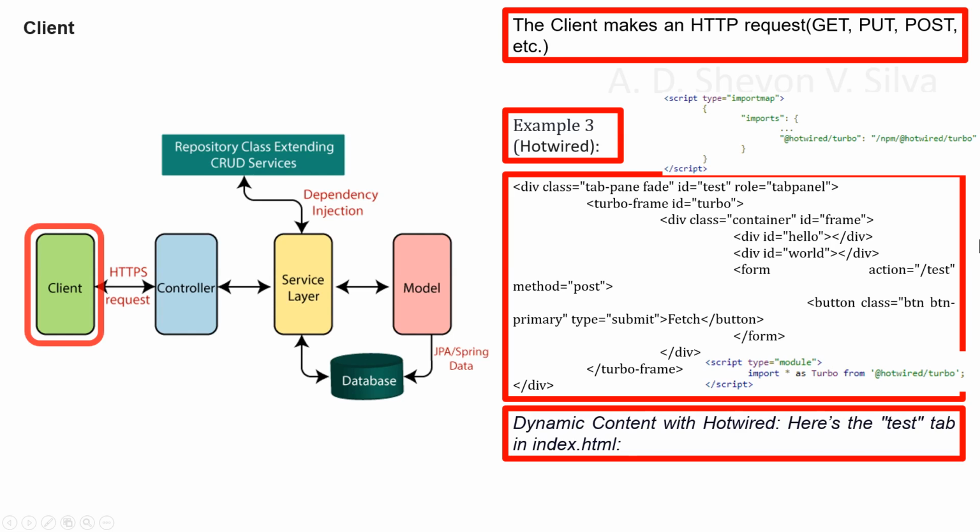Take out HTMX and add Hotwired Turbo to the application, and in the pom.xml file, add the dependency.